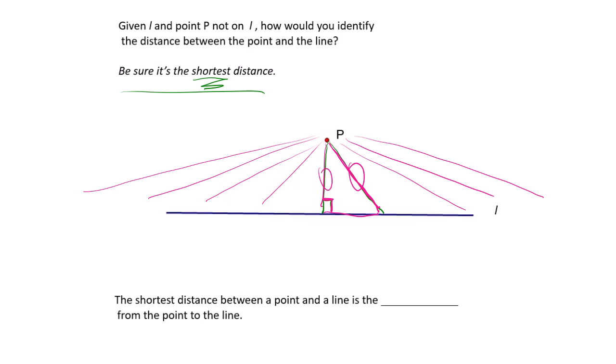The hypotenuse always has to be longer than either of the legs, right? And so the shortest distance between a point and a line is the perpendicular distance from the point to the line. Okay? Or you could say it is the length of the perpendicular segment, something to that effect.